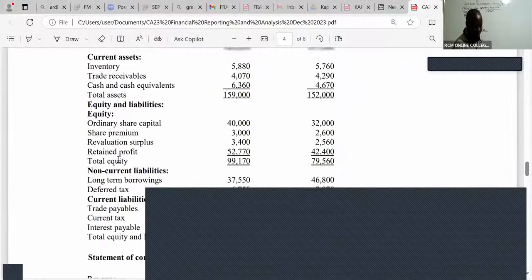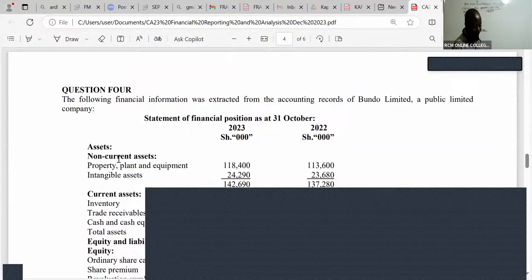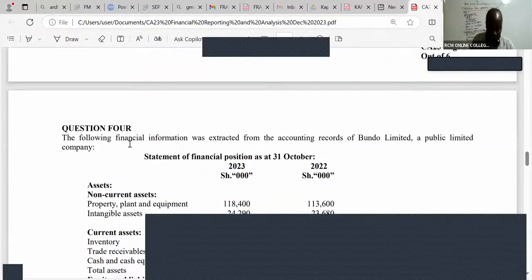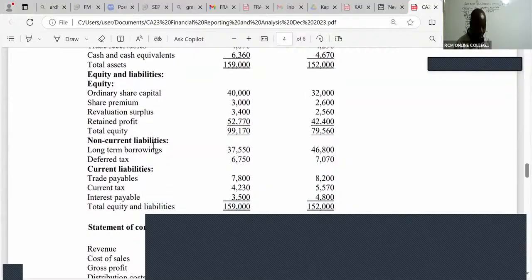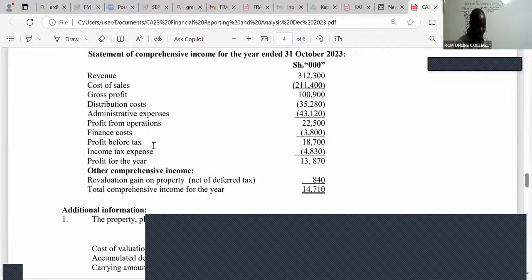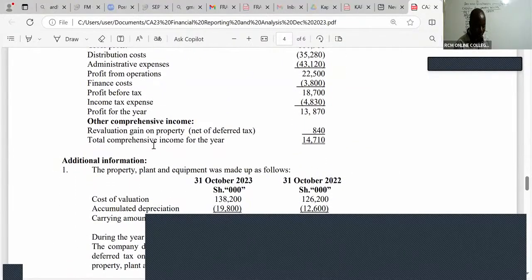So I have the question paper here. So it's about just slotting here. So remember, this is the question paper. We're given the following information extracted from the accounting records of Bundo Limited, a public limited company. So what I'm interested in, ladies and gentlemen, here will be the profit before tax.